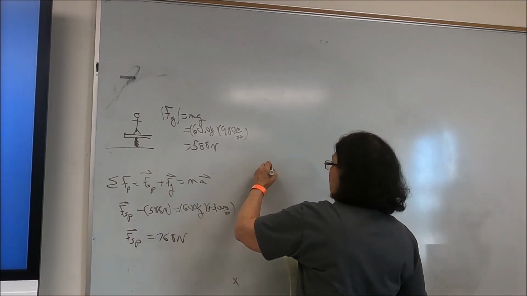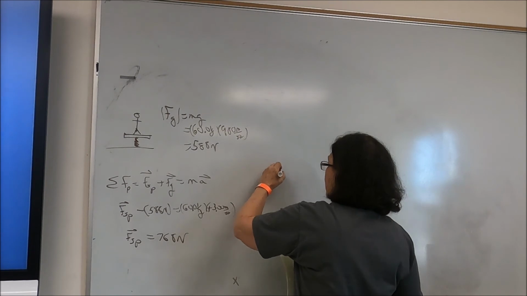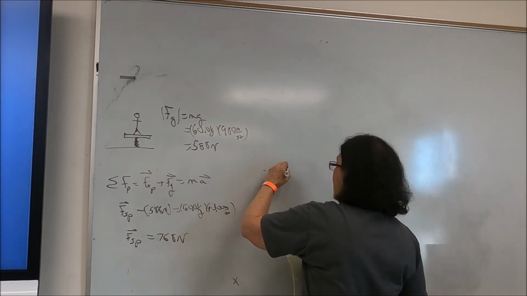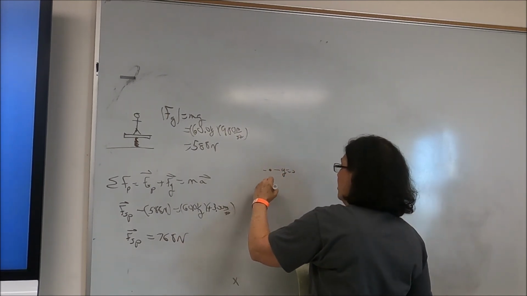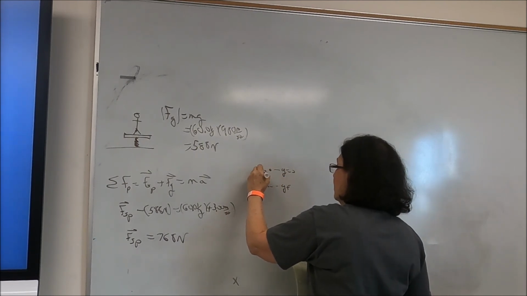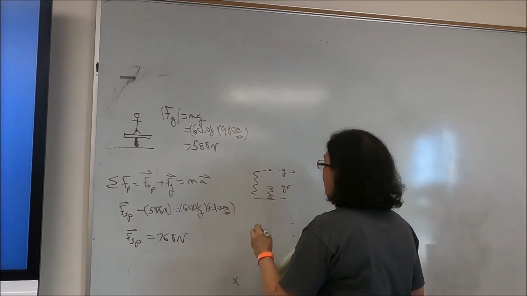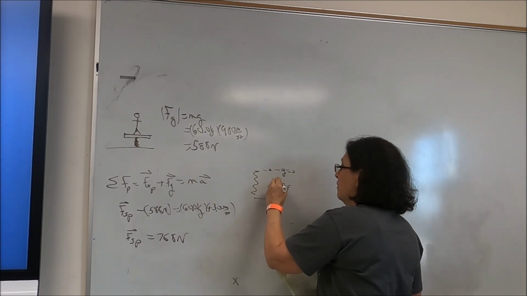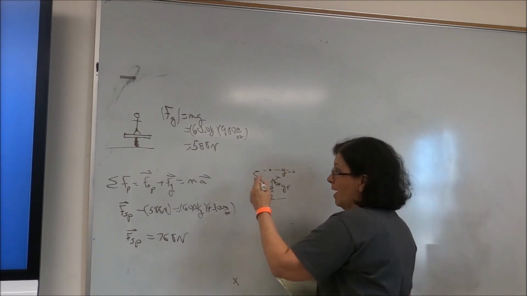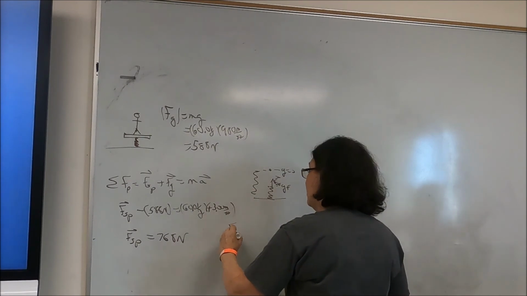Now, if I think about this as my y equals 0 position, we're now at a y final position. The spring started out like this, and now the spring is compressed. Okay? The force from the spring is in the positive direction. My spring is compressed.